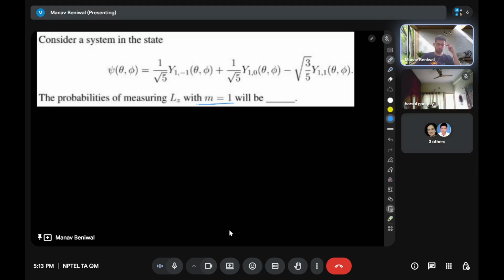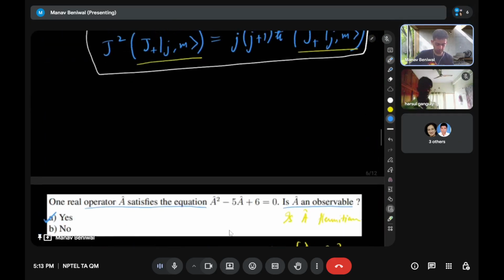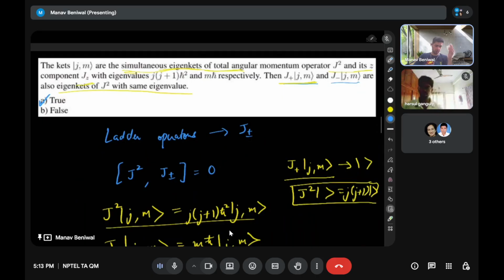For example, in the previous problem on angular momentum, when we write these wave functions as j comma m, or the wave functions given in this current problem, they are simultaneous eigenkets of j squared, in that problem it will be L squared, and jz, in that problem it will be Lz.